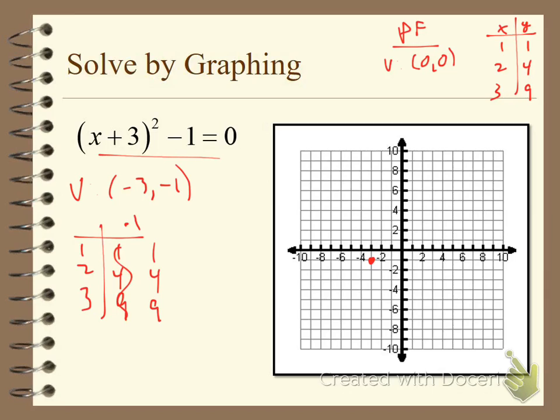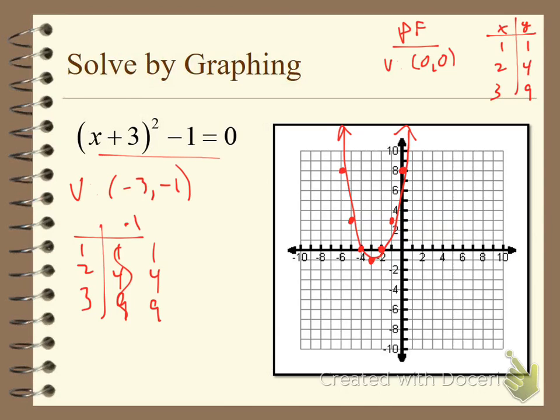So that means if we walk over 1, we go up 1. If we walk over 2, we go up 4. And I'm just mirror imaging for the second point that I'm plotting here. If we go over 3, we have to go up 9. And we're done. And we graph.